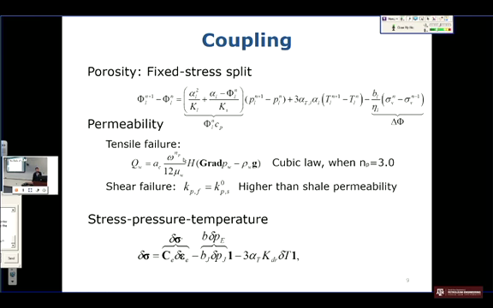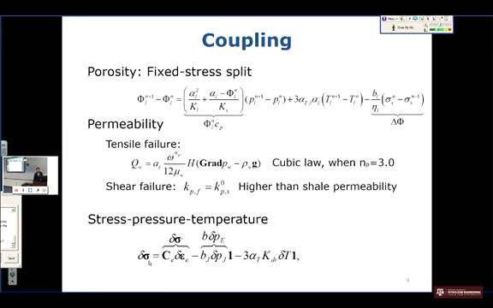Here, omega is the fracture opening. For shear failure, we assign a higher permeability than the intrinsic shale gas reservoir permeability. So, in the flow, we have a coupling term from the geomechanics, like here or here, depending on the failure status.